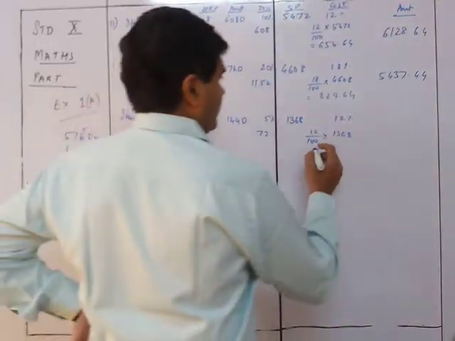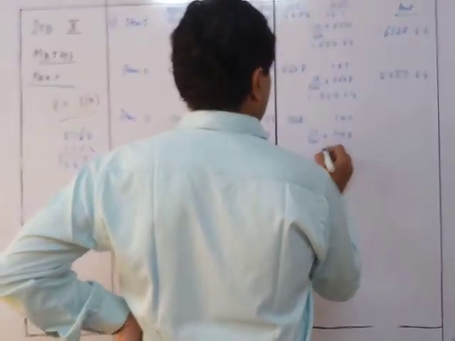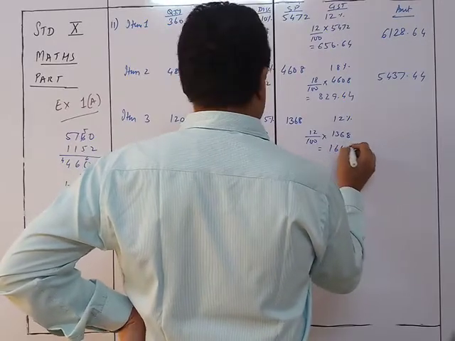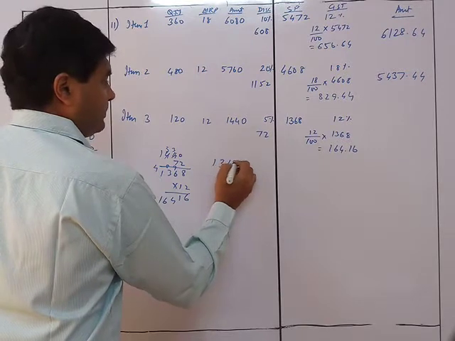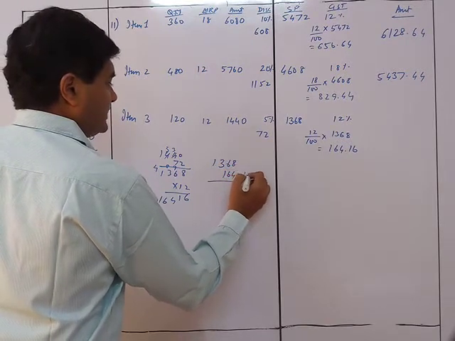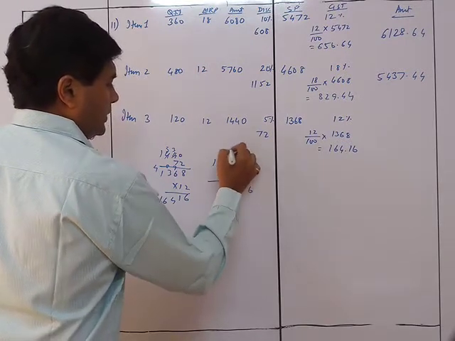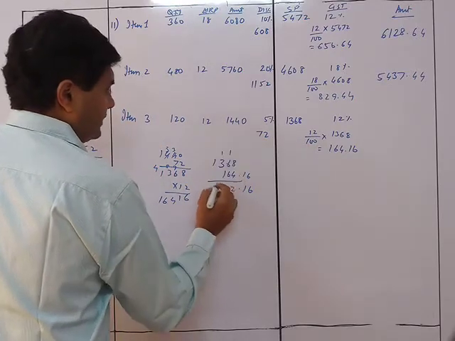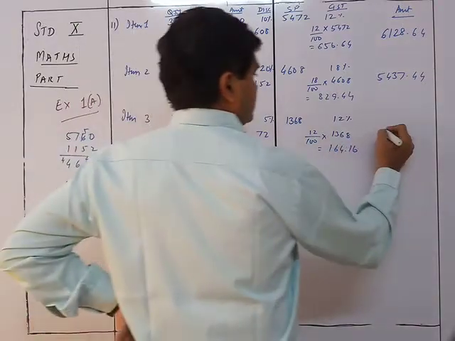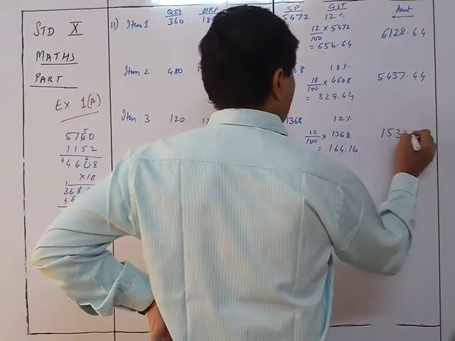So it will be equal to 164.16. So 1368 plus 164.16 is 162 over here, and then it's 12, 13, and then it is 5, 1, 5. So it's 1532.16.